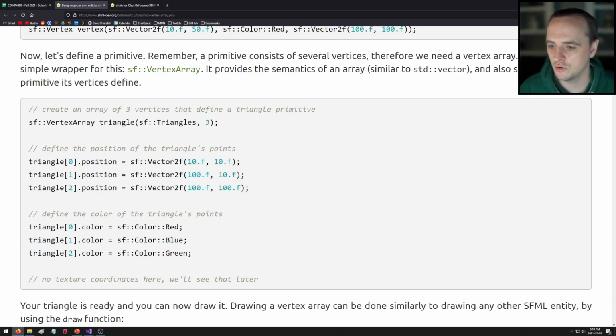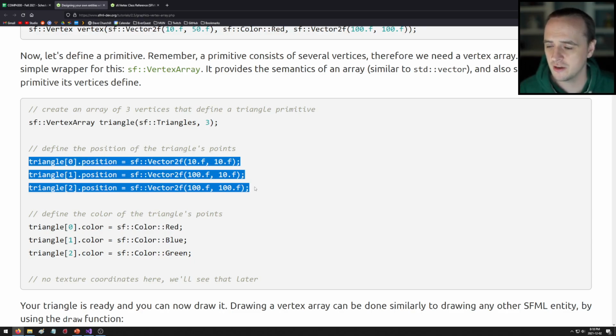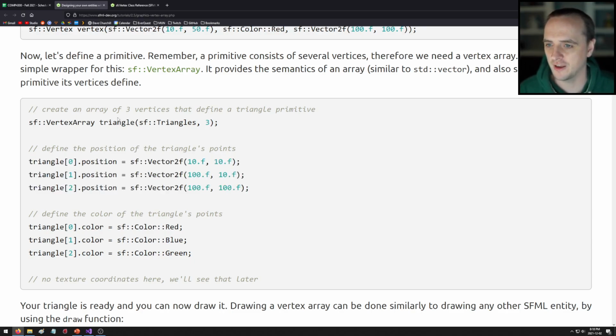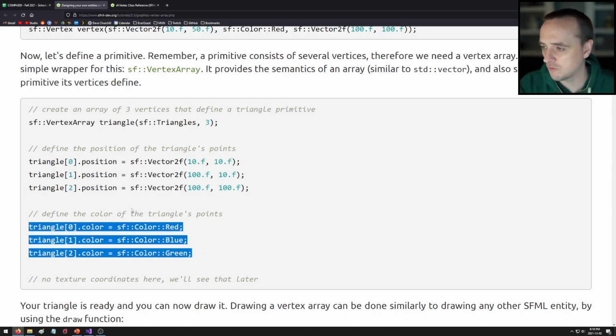But what you could do, for example, is if you just want to create or change the position, you can just say triangle[0], which is the first vertex of this triangle, dot position equals, and then a new position. So that's what they've done here. They've modified the positions of these vertices to be at these coordinates, and then they've set the color of those vertices to whatever colors they want.